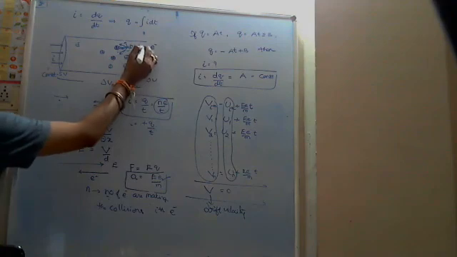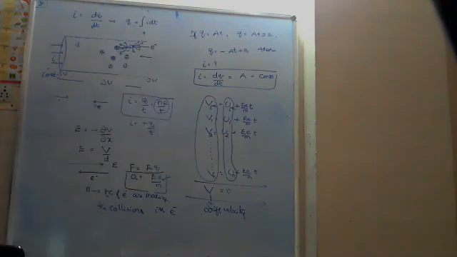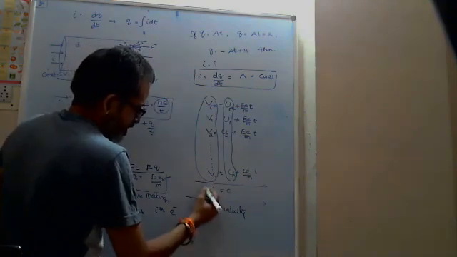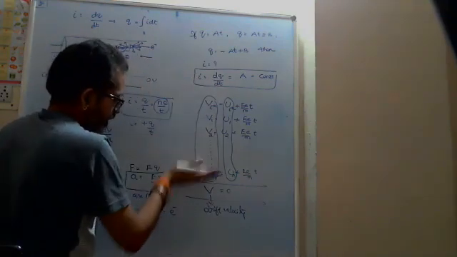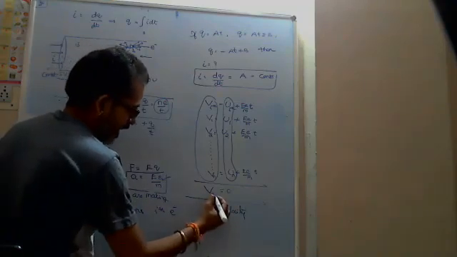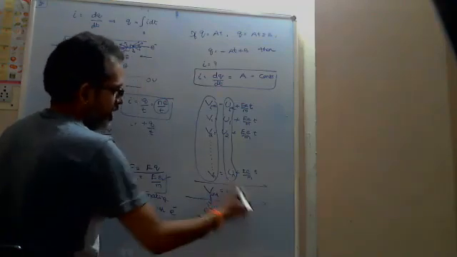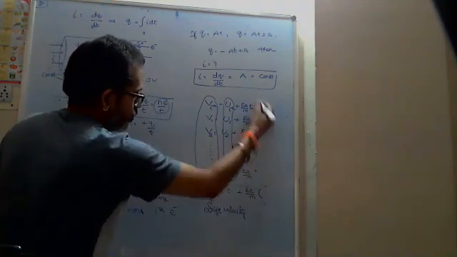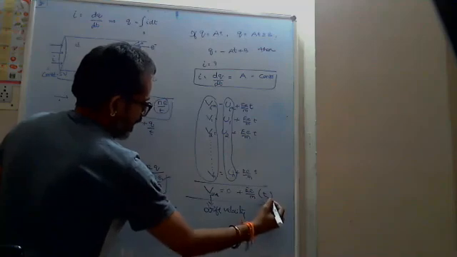Sometimes few particles will move like this also. That's what I told: the average will be 0 for n particles. So the final velocity, the average of all n particles, is the drift velocity, equal to 0 plus eE by m into the average time.